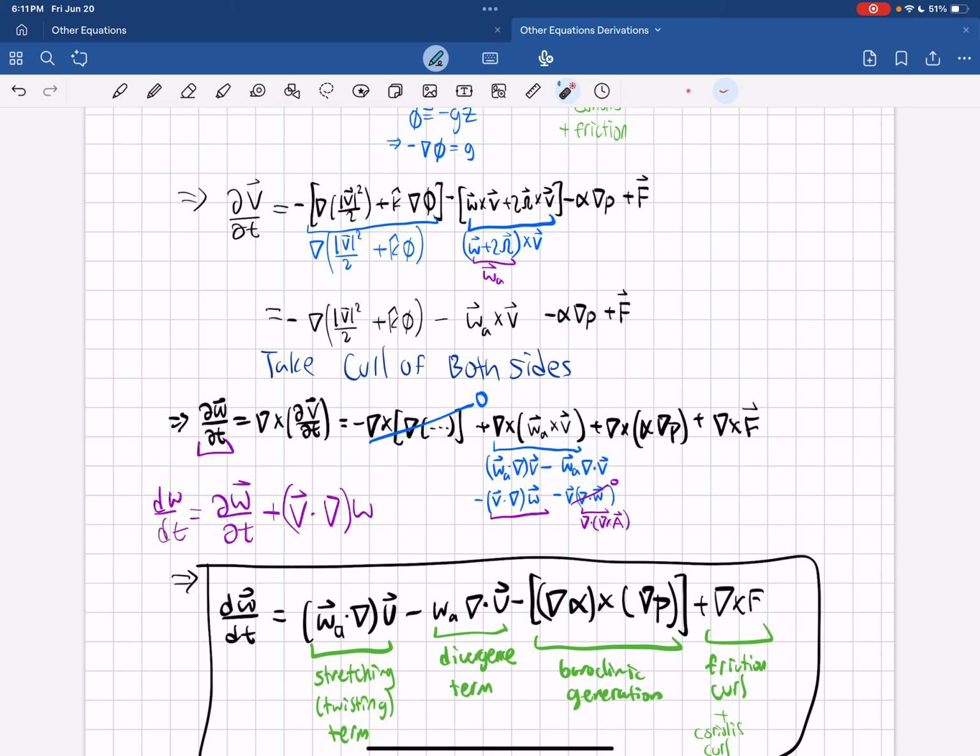So you take the curl of both sides, and you have d dt of the curl of v. The curl goes inside, so you can take the derivative out, and the curl of velocity is just omega. So you have the local derivative of omega equal to the curl of the velocity vector.